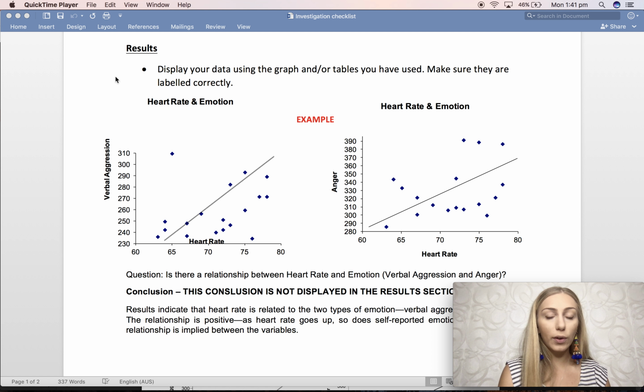So, for example, I've grabbed a couple of examples that the SACE board has for us to show how you might illustrate your data in a graph.